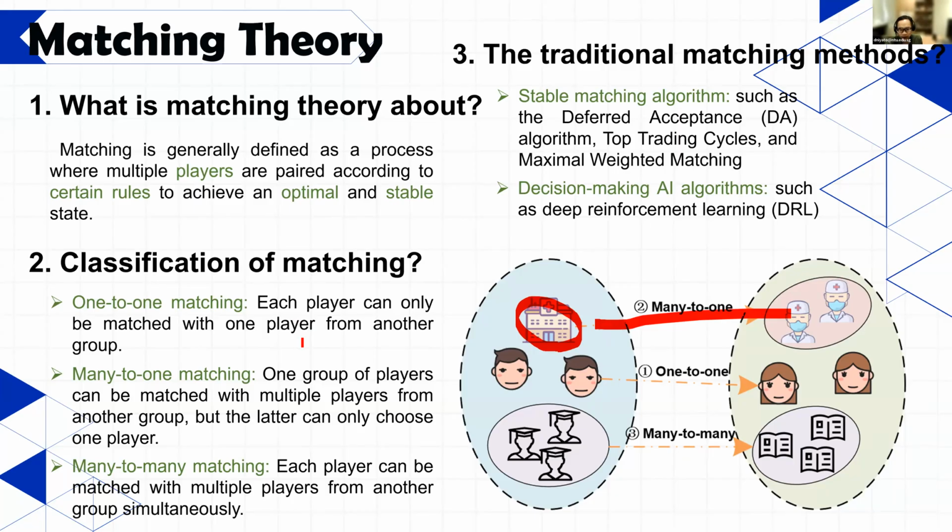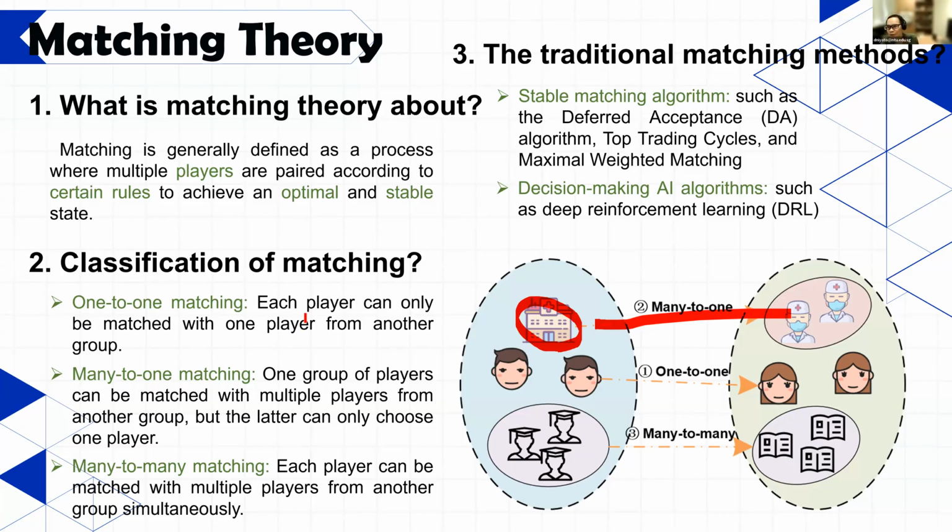Many-to-one matching, where one group of players can be matched with multiple players from another group, but the latter can only choose one player. Many-to-many means each player can be matched with multiple players from another group and vice versa.